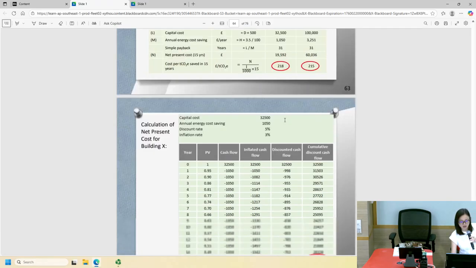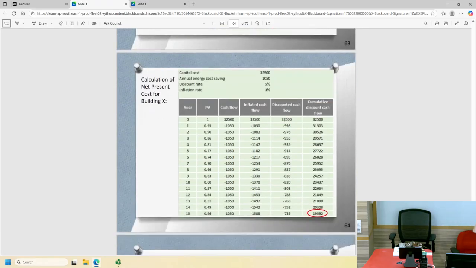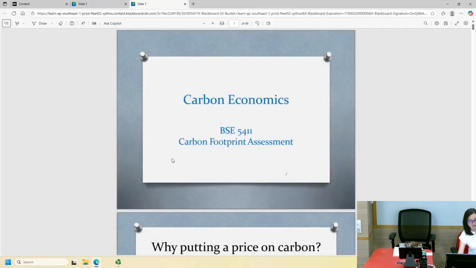I understand that the calculation in this table seems a little bit complicated, and this is only for your reference. This table is to introduce one method to do the analysis. Today we will do something similar, but in a more professional kind of calculation.